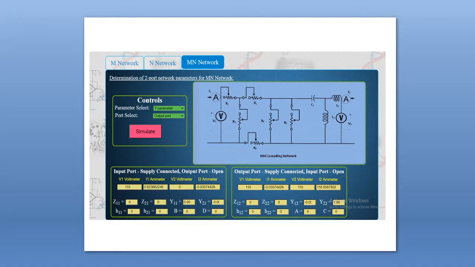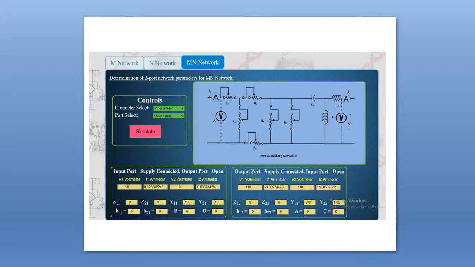Okay, then I will proceed to the next step, that means conversion of two-port network parameters. How do we convert the z parameters to y parameters or y parameters to z parameters? We can calculate the values of y parameter from z parameter using theoretical concepts.